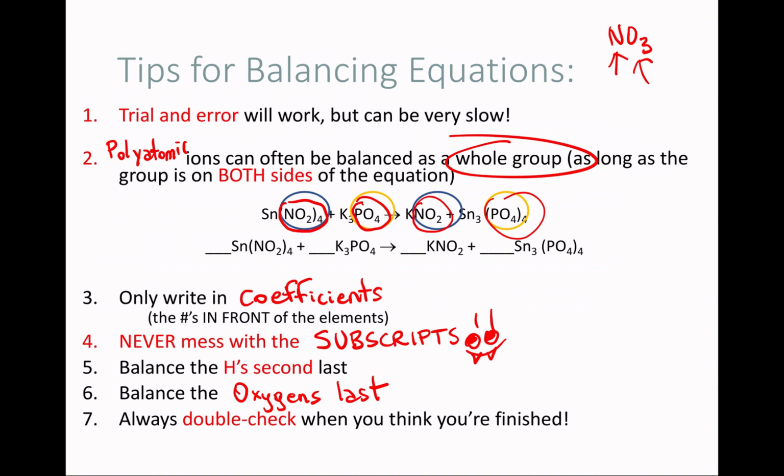Okay, so what do we have? Well, when you chase this one around, it can be a little bit ferocious. What you're going to have to do is account for your phosphates and your nitrites.